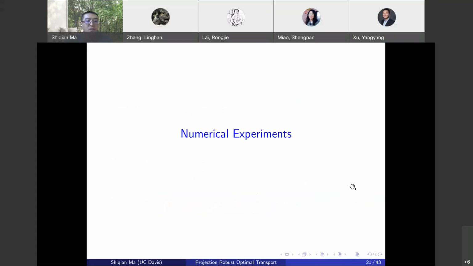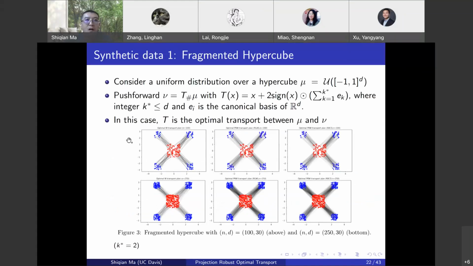Now let me show you some numerical results. In the first experiments, we tested the algorithm on some synthetic data. We consider a uniform distribution over a hypercube, and in this one, we define the transportation plan, so that we know the optimal transport and the exact Wasserstein distance.